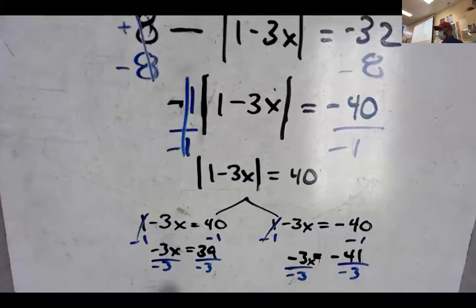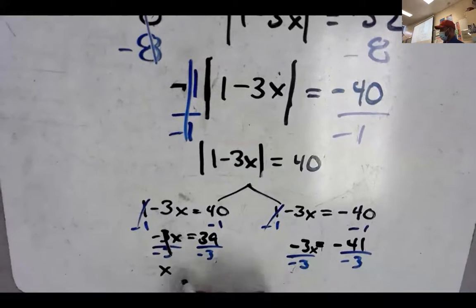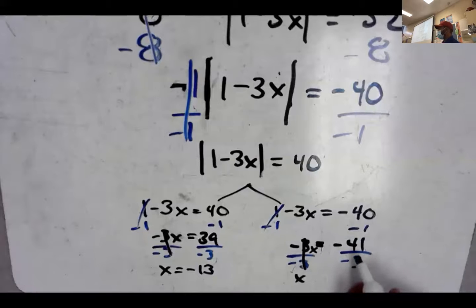So now here, 39 divided by 3, that's minus 13. And then this one, 3 does not divide into 41. So it's just positive 41 over 3.